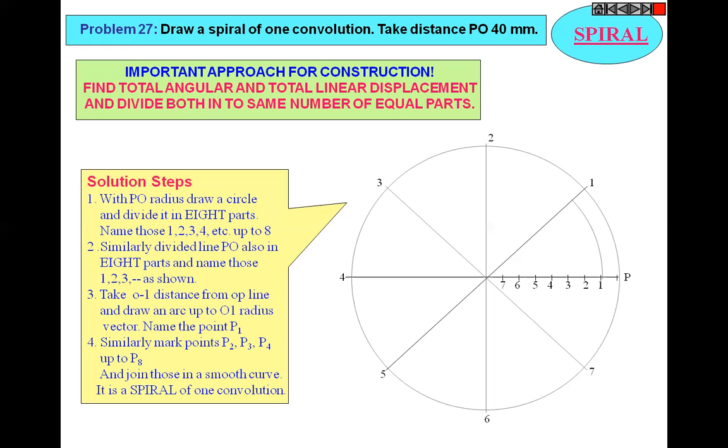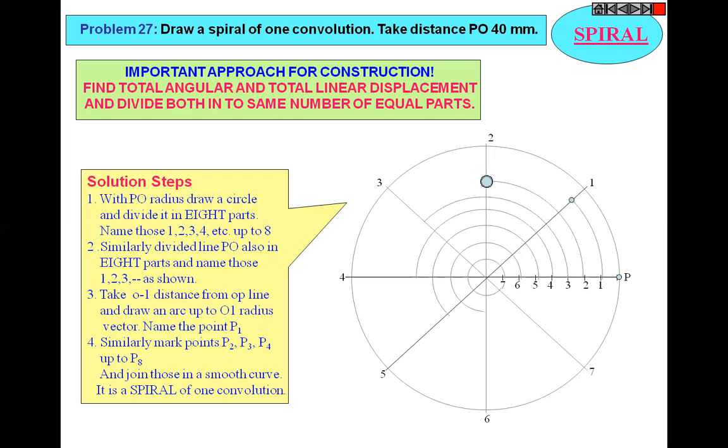Then take O as a center, O1 as a radius, and draw an arc up to the first line. We get the first point. Similarly, take O2 as a radius, O as a center, and draw an arc up to the 2 line. Then similarly for 3, 4, 5, 6, 7.